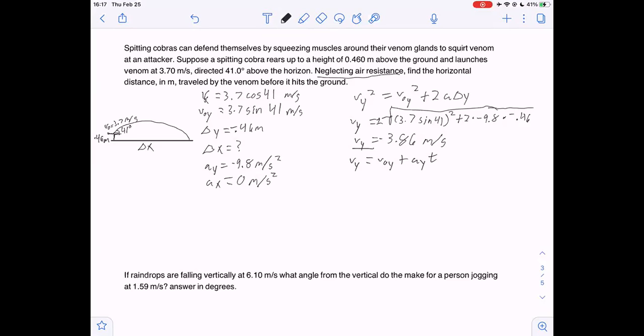Quickly rearrange it to Vy minus V naught y over a sub y is equal to t. Anybody confused how that just happened?